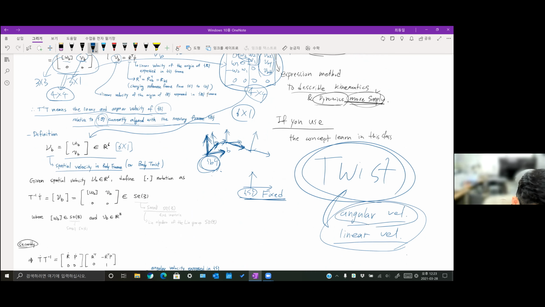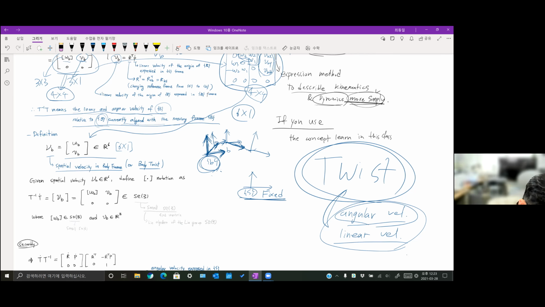So by using this twist, the time derivative of position and orientation can be described. This nu b is spatial velocity in the B body frame. Because the basis is the B frame, we call it body twist.